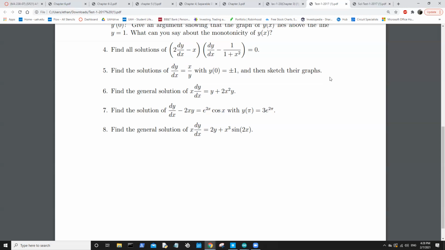Number 6, which is the general solution of some diffy q, x dy dx is equal to y plus 2x squared y. Let's see.